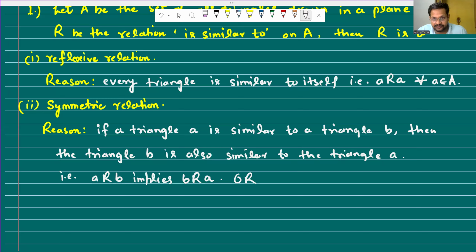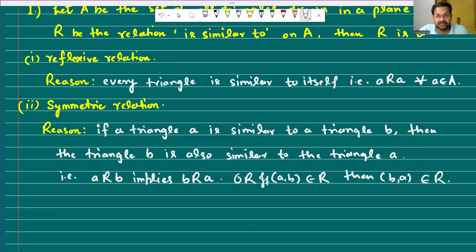Or we can say if (A, B) is there in R, then (B, A) will be there in R. So this is the symmetric relation too.